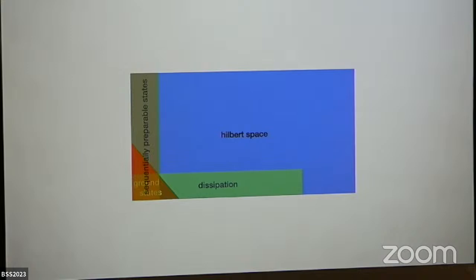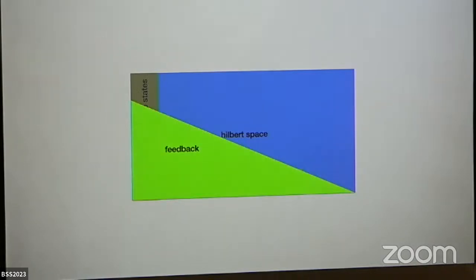So, for example, states that arise as steady states of dissipative processes, or states that arise through sequentially generated circuits, which I'll maybe talk about later today. And most relevantly to today's lecture, states you can generate using measurements and some kind of feedback based on the outcomes of the measurements.